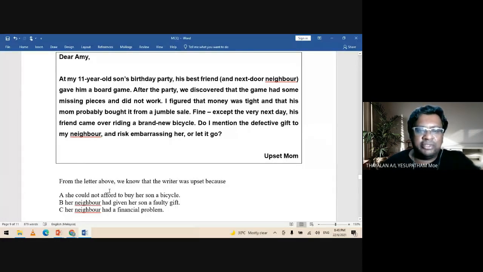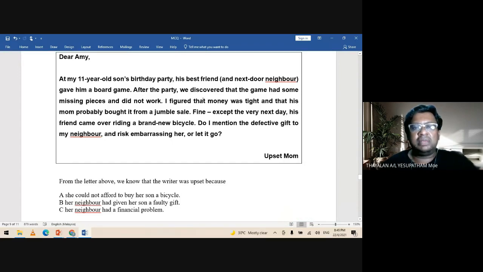From the letter above, we know that the writer was upset because she could not afford to buy her son a bicycle. Her neighbor had given her son a faulty gift. Her neighbor had a financial problem. Now let's look at the text. Dear Amy, at my 11-year-old son's birthday party, his best friend and next door neighbor gave him a board game.